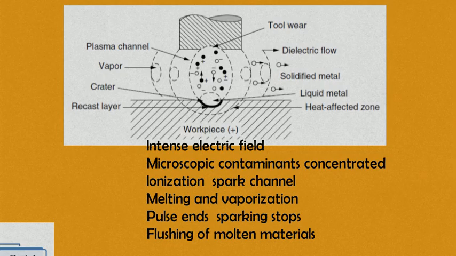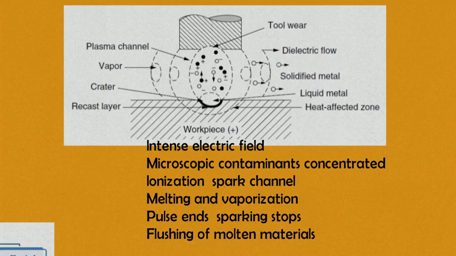These contaminants build a high conductivity bridge across the gap. As the field's voltage increases, this material in the conductivity bridge heats up. Some pieces ionize to form a spark channel between the electrode and the workpiece. At this point, both the temperature and pressure in the channel rapidly increase, generating a spark.